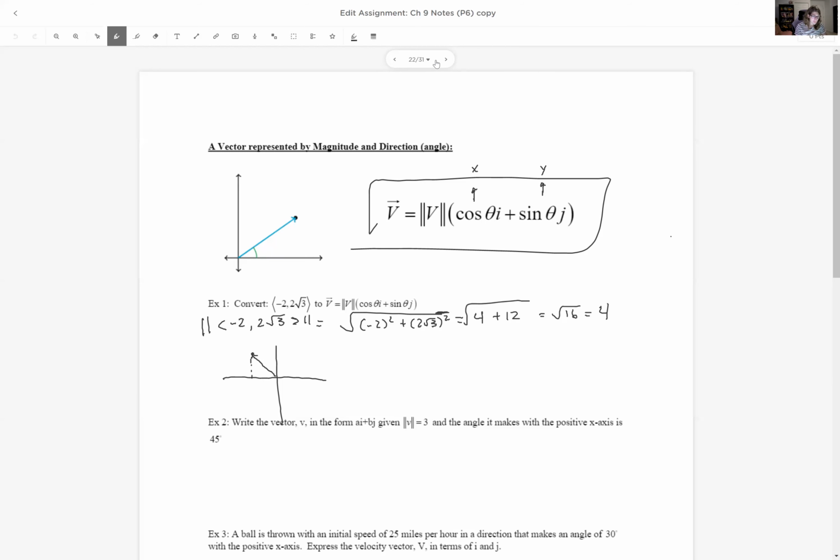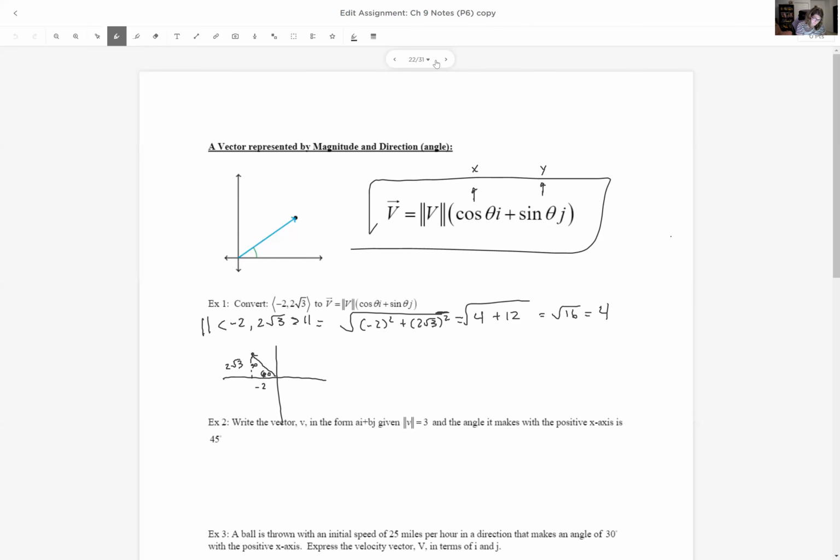If we think about geometry, with this being negative 2 and this being 2 root 3, even our unit circle stuff, maybe you're thinking inverse tangent or geometry, we're thinking special right triangles. This would be a 30-degree angle, this would be a 60-degree angle. This is a special right triangle, our 30, 60, 90.